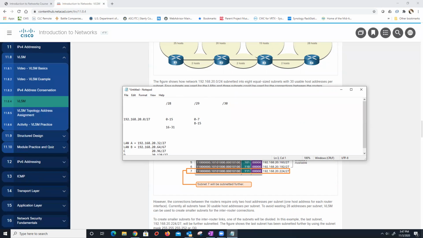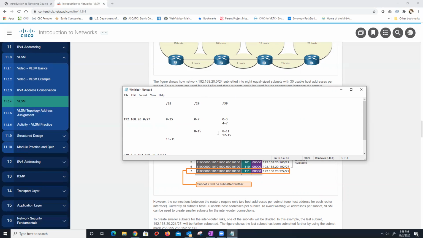All right, so let's take this and we'll take the 0 to 7. And that becomes 0 to 3, 4 to 7. And then this, we're going to also break into 2 pieces, becomes 8 to 11 and 12 to 15.